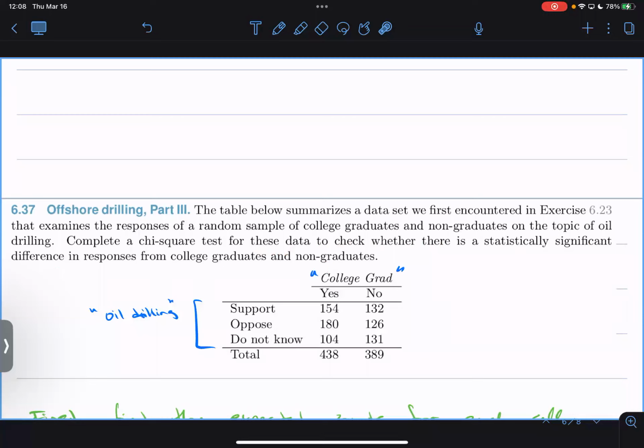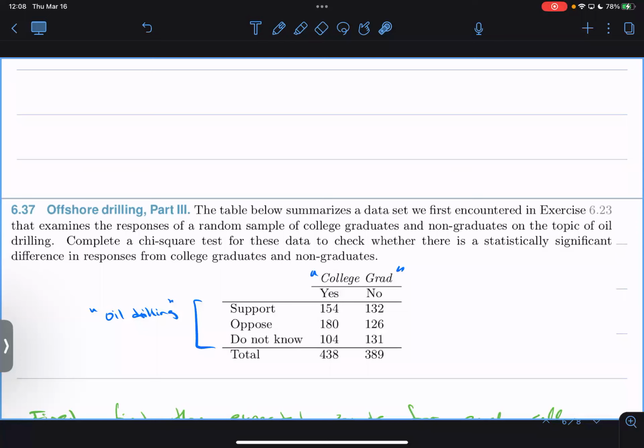I'm going to rephrase that in terms of the null hypothesis on our formula sheet, which just says that the variables are independent. And so I'm going to say opinions on oil drilling are independent of college grad. That doesn't sound good, but it works, right?